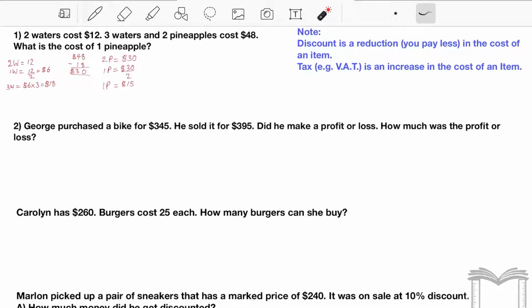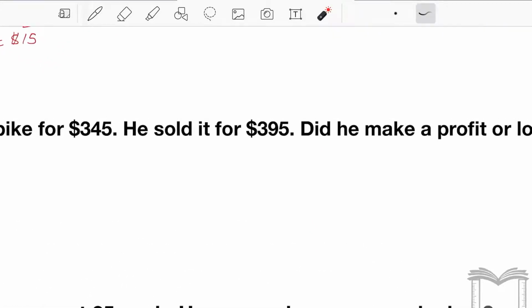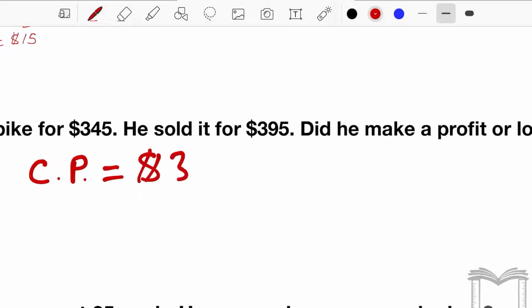So here we can see that the person selling the item bought it for $345. So that means the cost price is equal to $345.